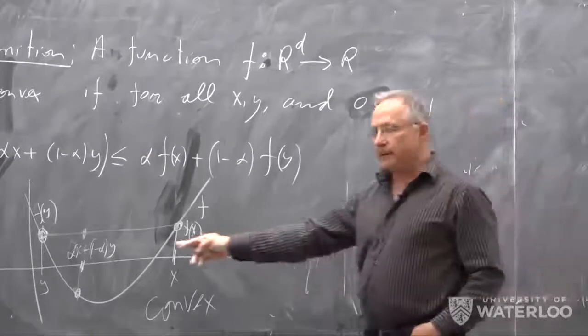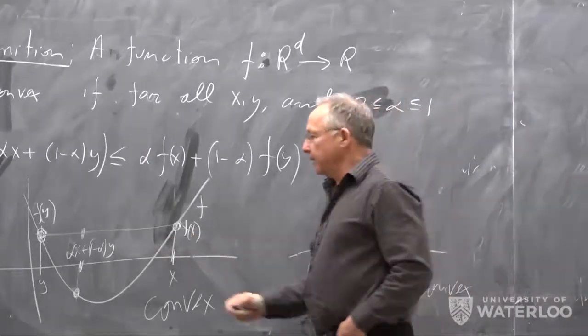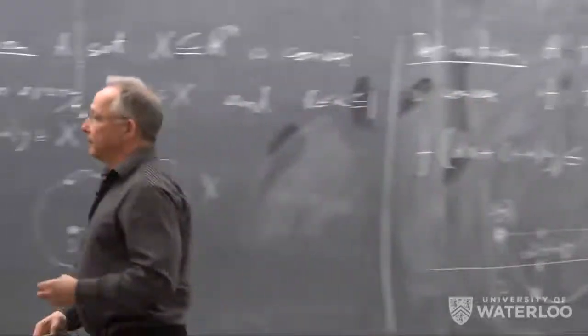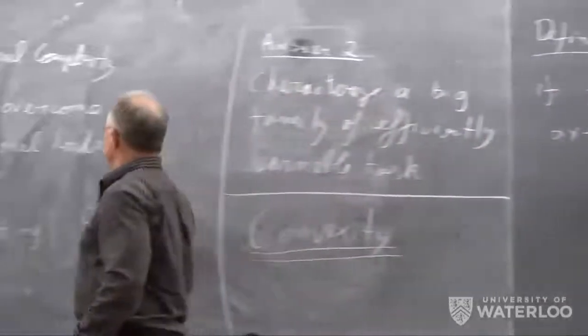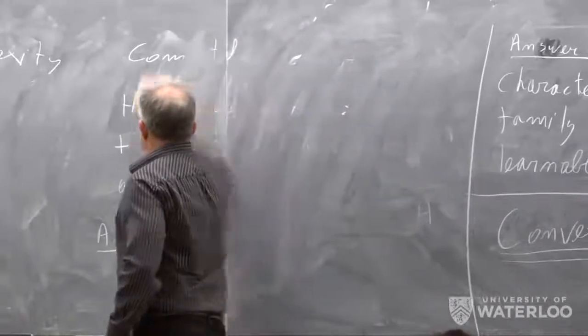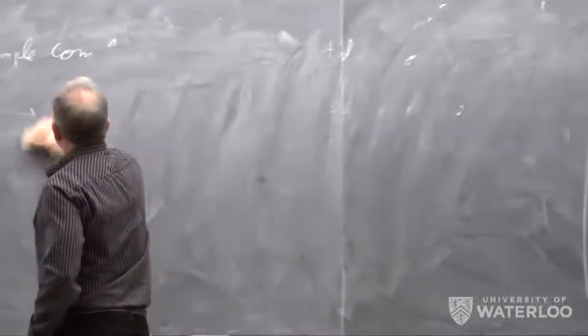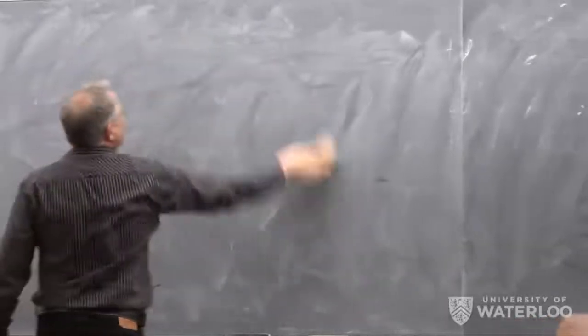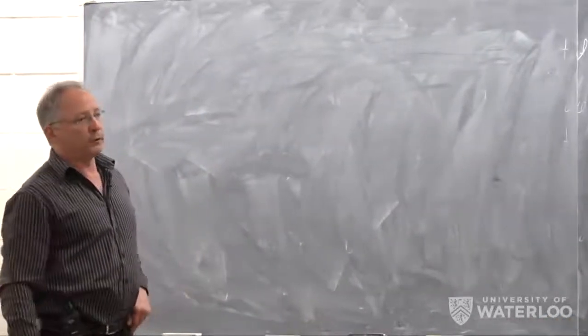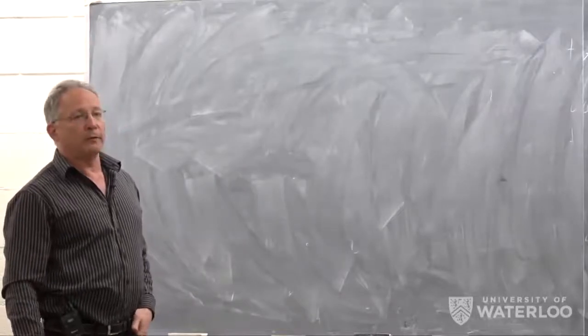The reason we chose this behavior to be convex is because of the following relationship to convex sets. So there is a connection between these two functions, these two definitions, the definition of convex sets and the definition of convex functions.